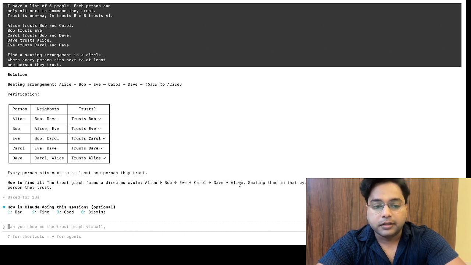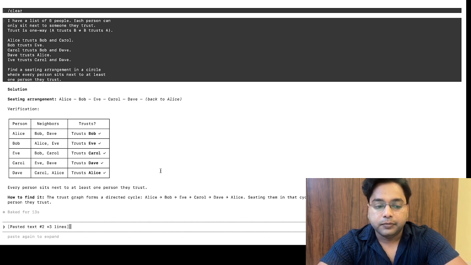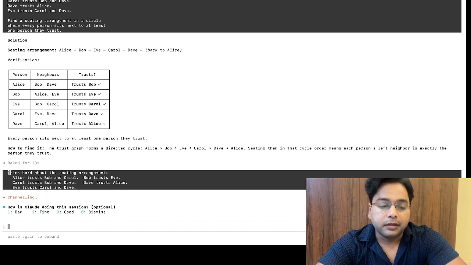Now coming to the next example, we have a different kind of thinking mode. This is the think mode. Then we write "think hard about the seating arrangement," and we have given some input, and it is thinking.